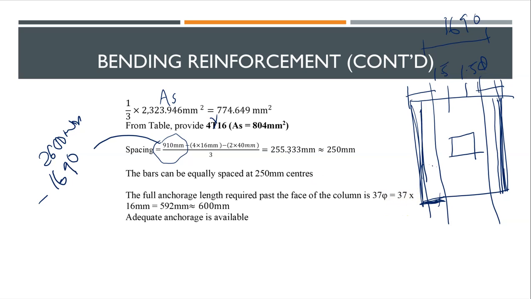So 37 times 16 gives 590, but we round it up to 600. So that is our design.